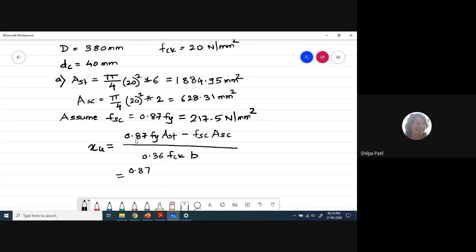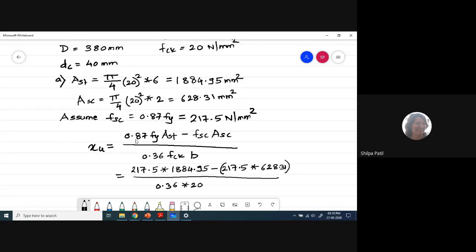Let us write it as it is. 0.87 FY, this value we have already calculated, so I am putting it directly here. 217.5 into AST is 1884.95, minus FSC is again 217.5 into ASC is 628.31. So this I write in brackets, divided by 0.36 into FCK is 20 into what is the B value? It is 300, right?